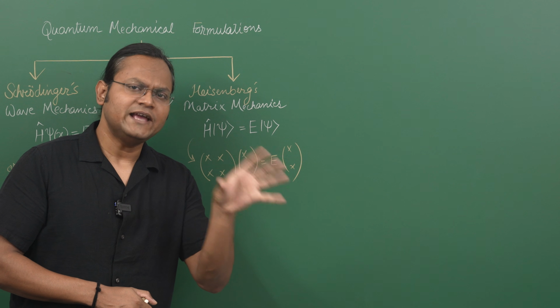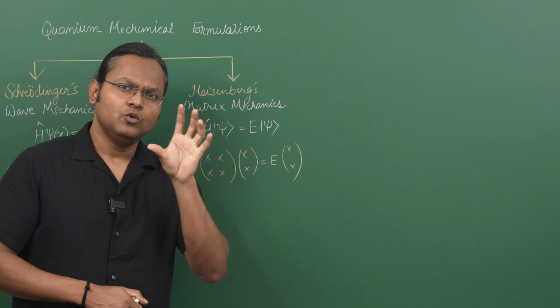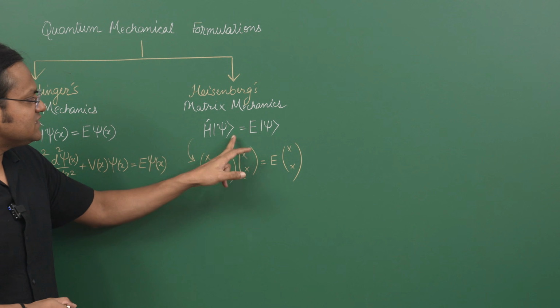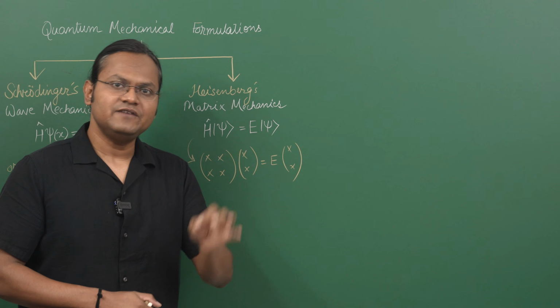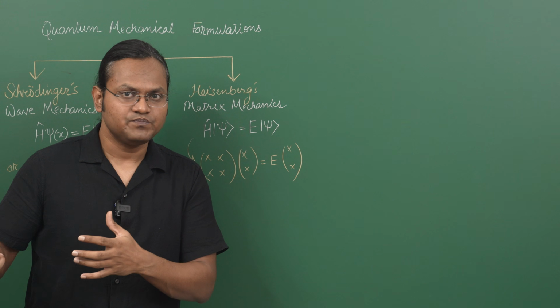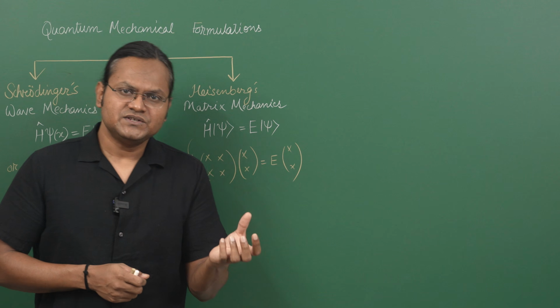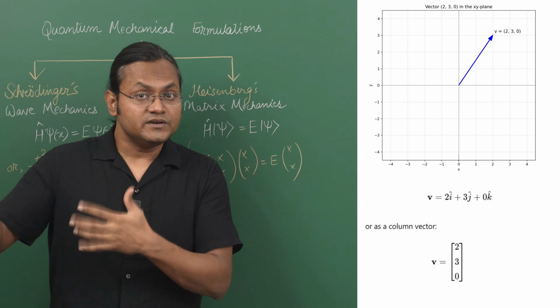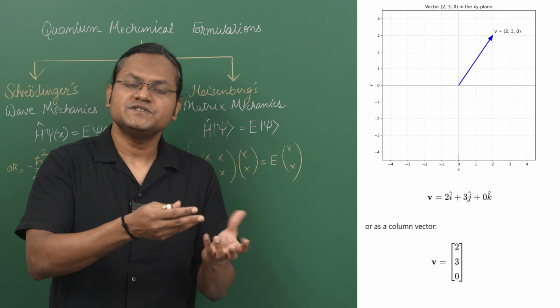Now remember my lectures on Kets, bras and Hilbert spaces, where I said that a quantum state which can be described as a ket vector or a state vector is essentially an abstract vector in Hilbert space. And just like we have vectors in Euclidean spaces, where the vectors can be written in a certain manner, the vectors experience certain kinds of mathematical operations.